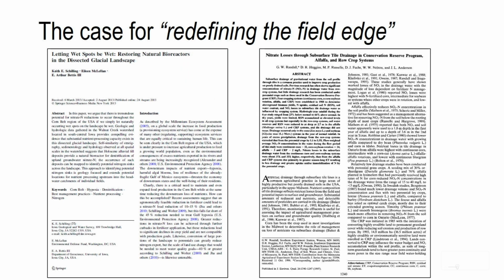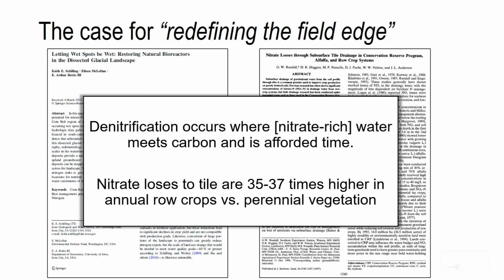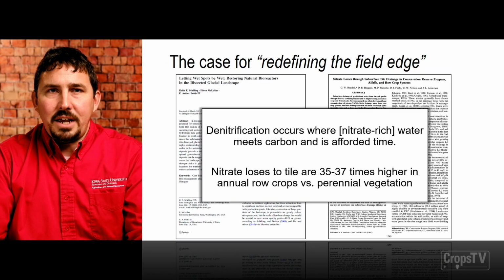And so, the case for redefining the field edge has been made through a lot of different publications. Here, what we're really highlighting and wanting to talk about in this slide is really looking at the nutrient aspect of it. And so we know that especially in the areas where we have depressions, denitrification does occur. And what we're really talking about there is when we have water meeting carbon and given enough time, all of a sudden we start to denitrify.